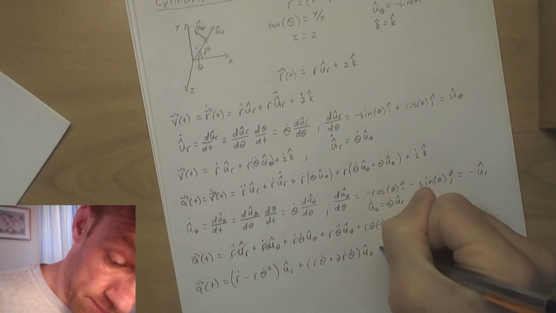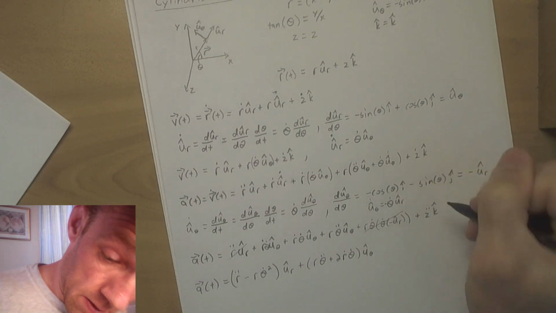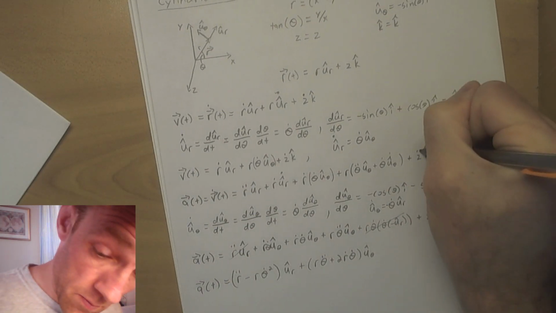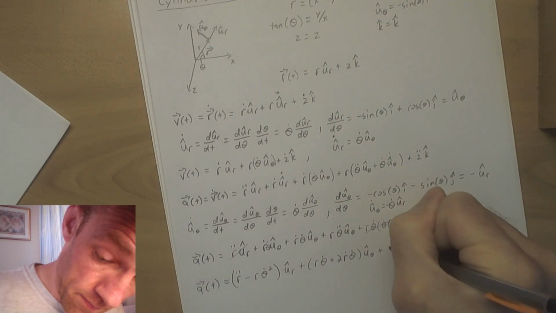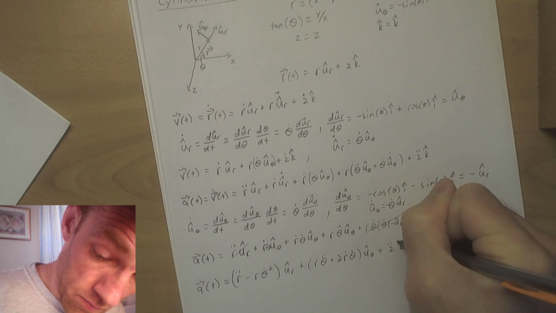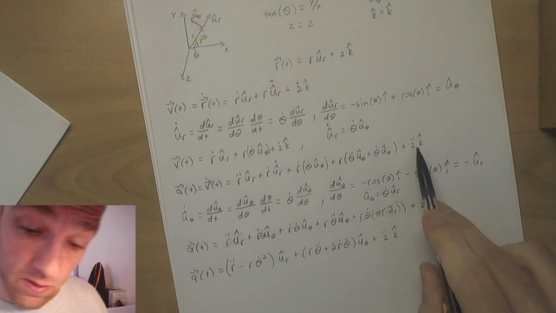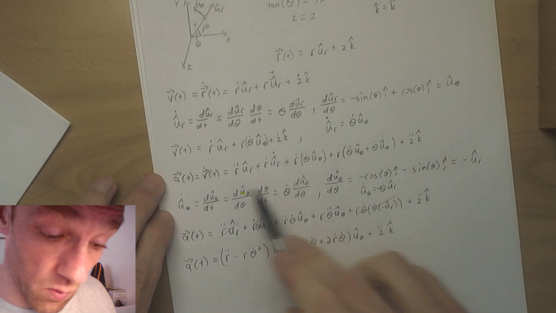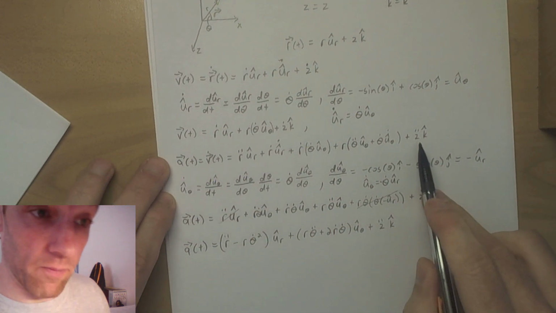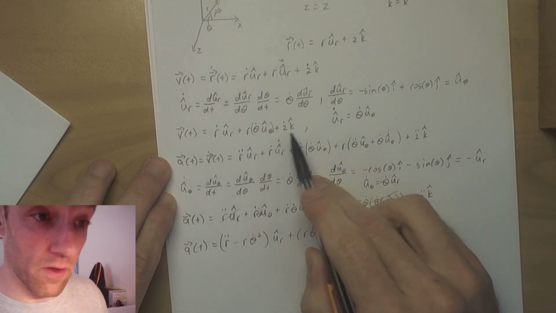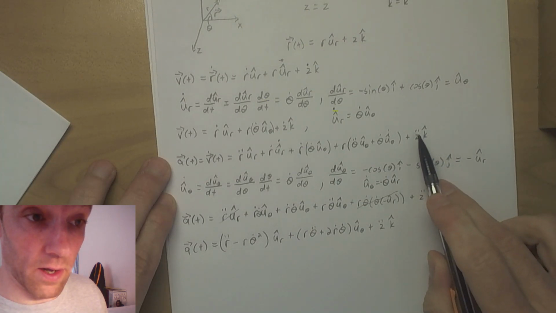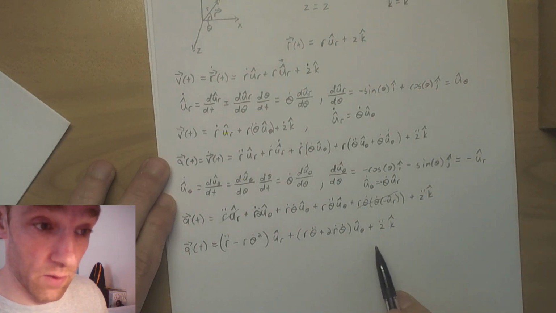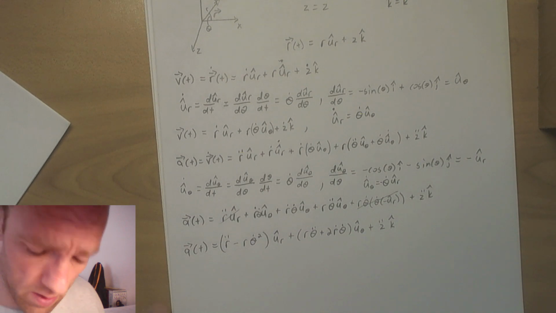And then the z component is just the time derivative of this. So I was leaving off a little dot there. So this is z double dot. Anyway, this winds up being correct.